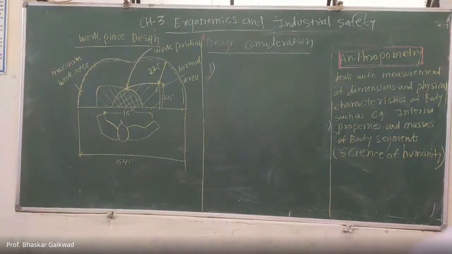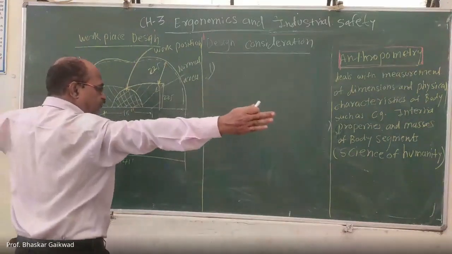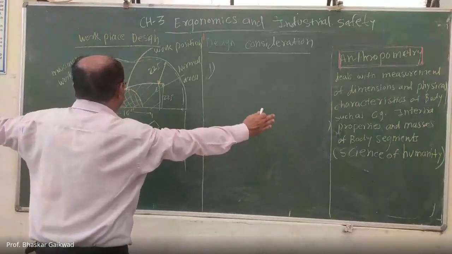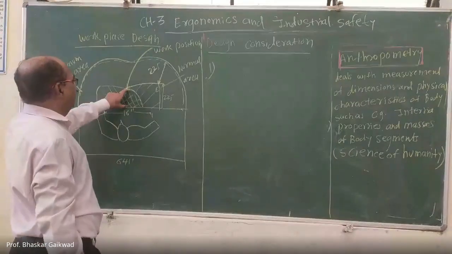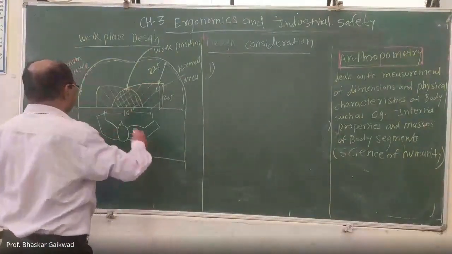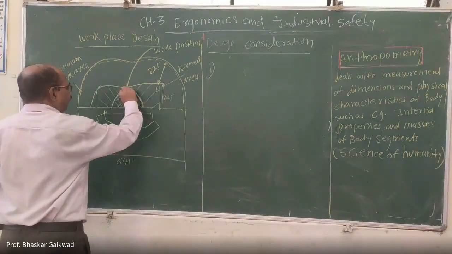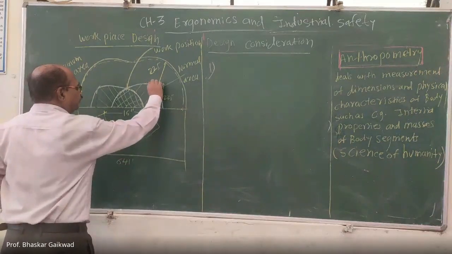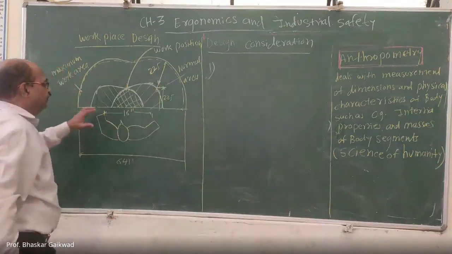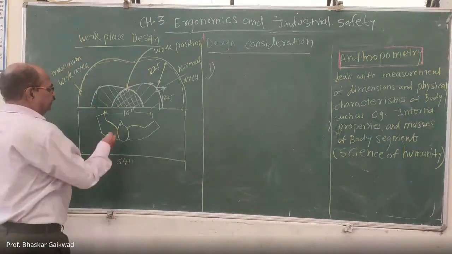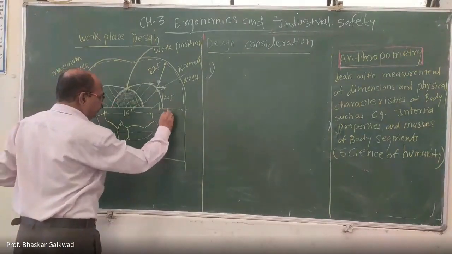You can see both hands are there, so this is the maximum area. This is the minimum area, and here is the assembly position, the normal area of working. White color shows the normal area of working. This is the normal area, and inside it is where the actual working happens, and this center system.